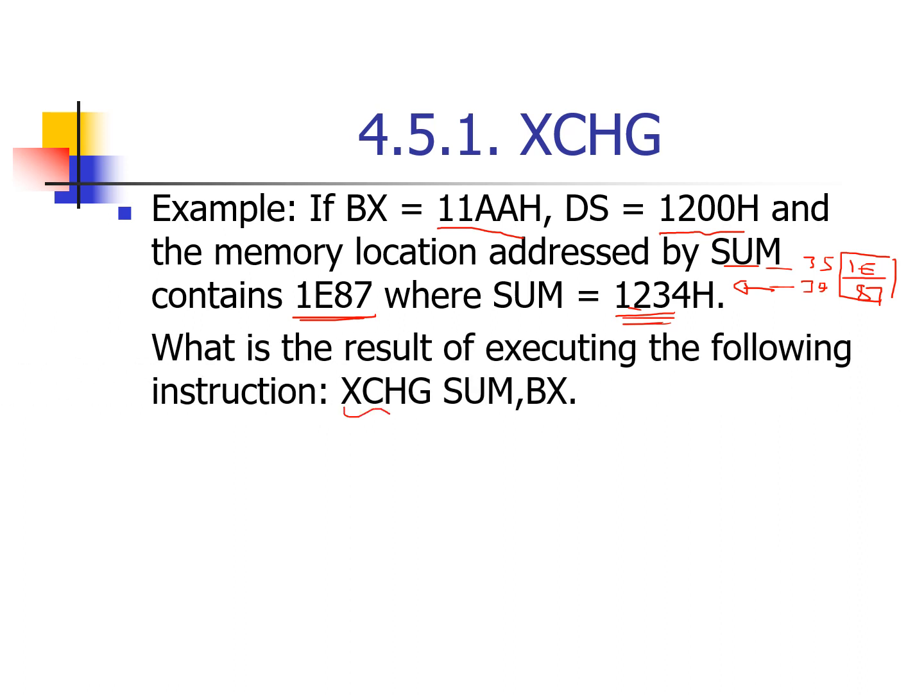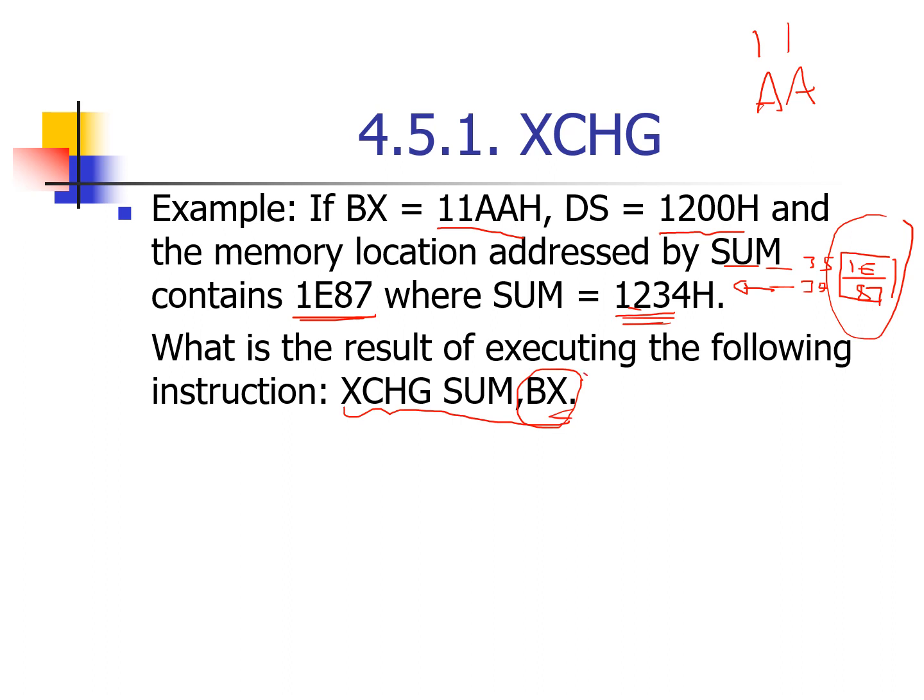If we are executing this code, it takes the value inside BX, which is 11AA, places it into sum. So the memory locations here are going to change. The low byte will contain AA, and the high byte will contain 1. And 1E87 is going to be placed into BX.